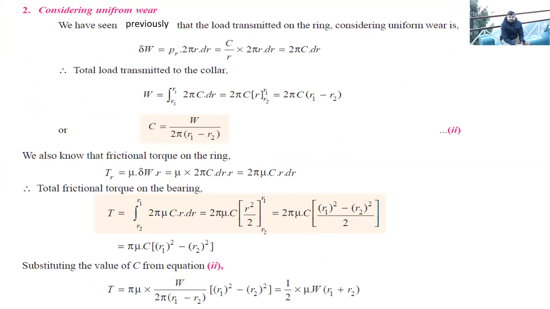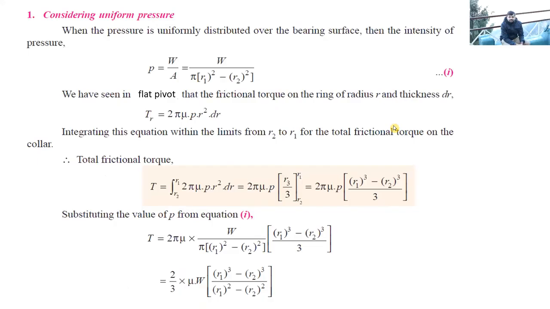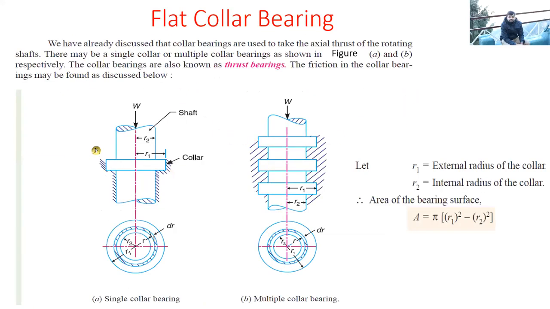Then you find the frictional force, which can be determined by multiplying the coefficient of friction with the load. And once we have the frictional force, we can determine the frictional torque. These are the steps we have been following in all the derivations. So understand the steps clearly, and remember the diagram for every bearing.